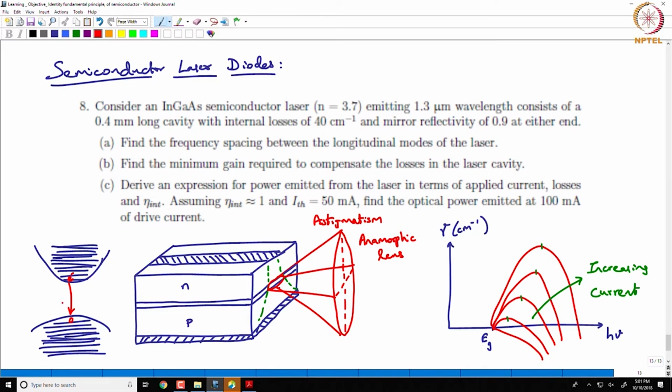But as you start injecting more and more electrons and you have more and more holes in the valence band, you start having deeper and deeper emission. You are emitting from a deeper level in the conduction band to a deeper level in the valence band, and as a result the peak gain happens at a higher energy level. Do you understand that? Any questions about this before we move on?